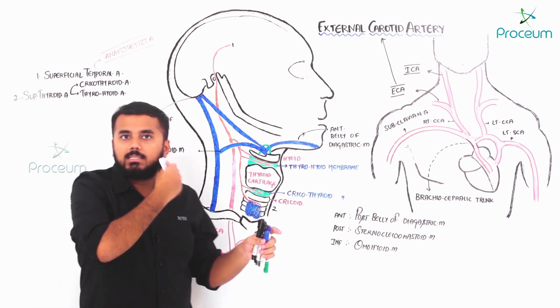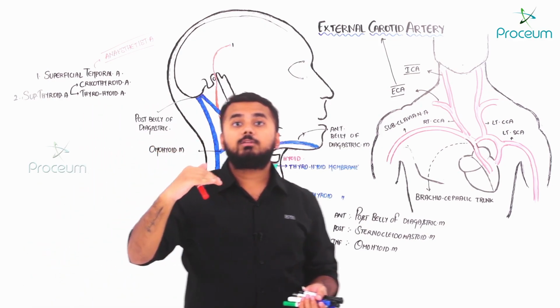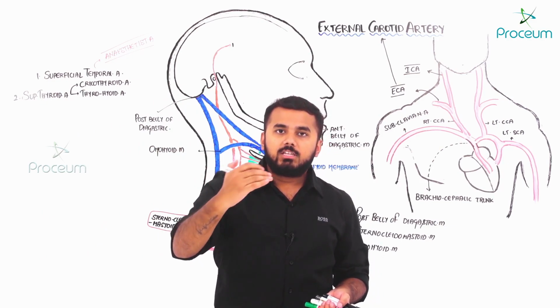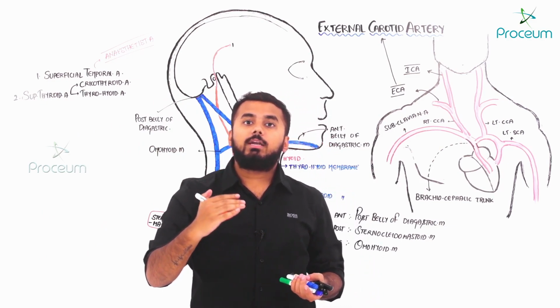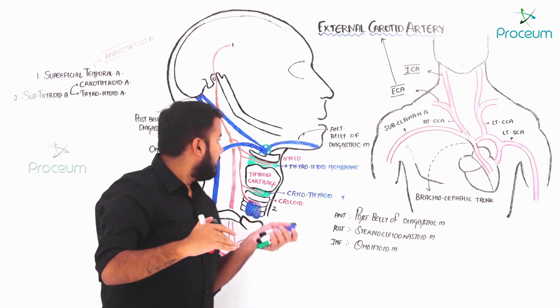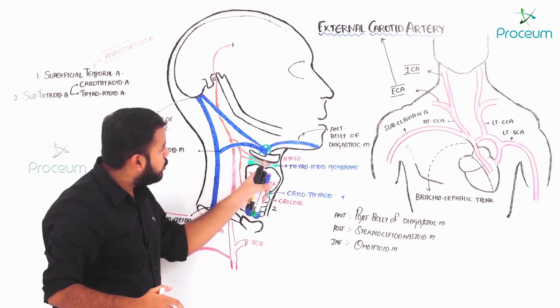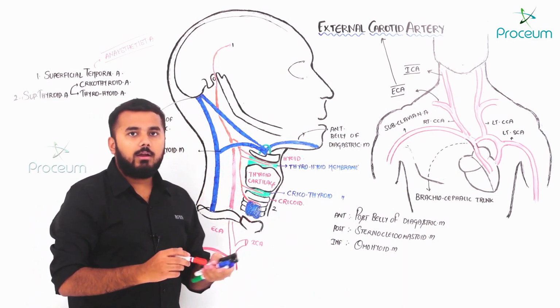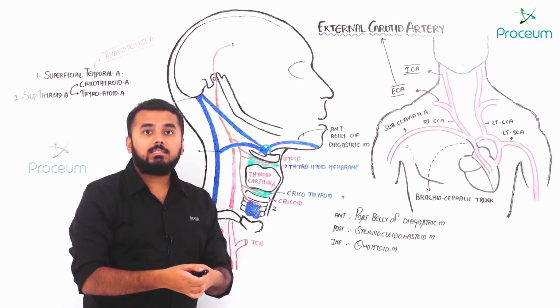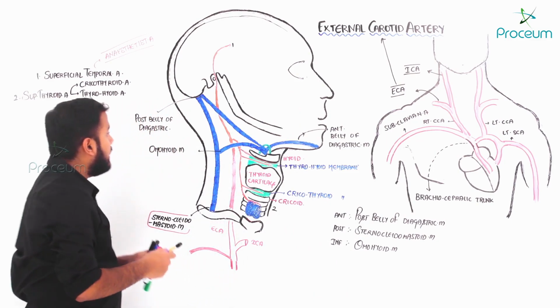If it is passing above your hyoid bone, I call it suprahyoid. If it is passing below the hyoid bone, I call it infrahyoid. So this branch is supplying the surface below the hyoid bone. I call this an infrahyoid artery.